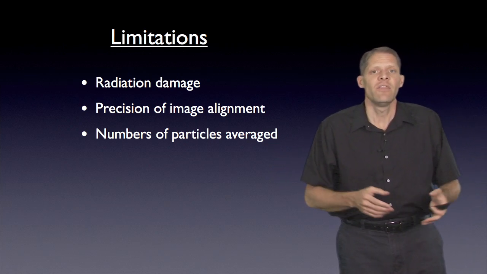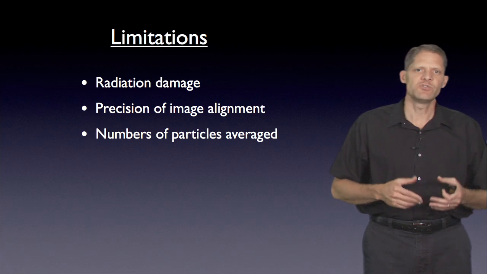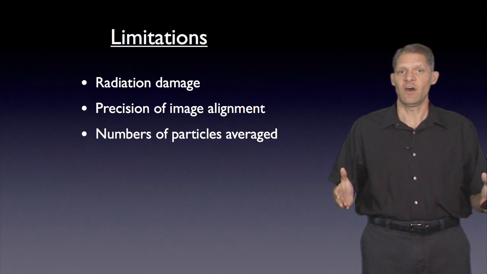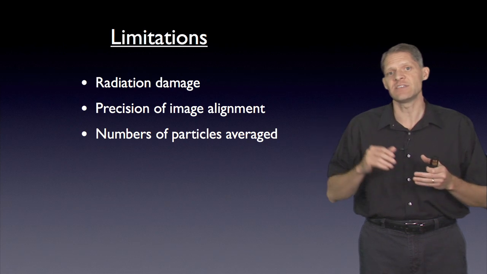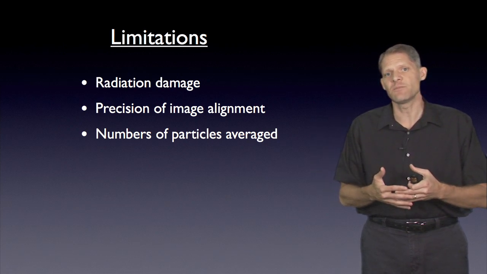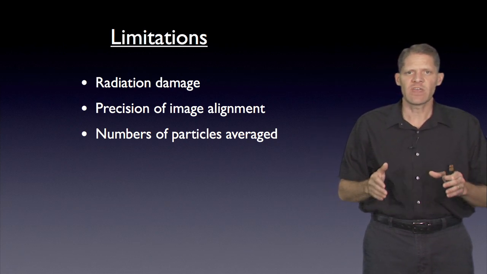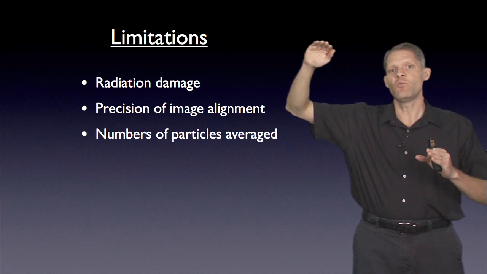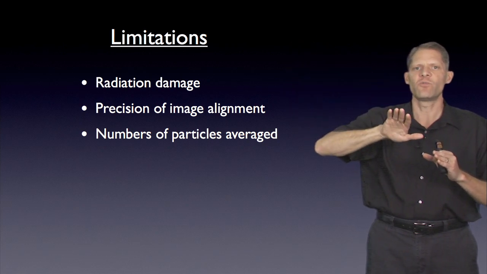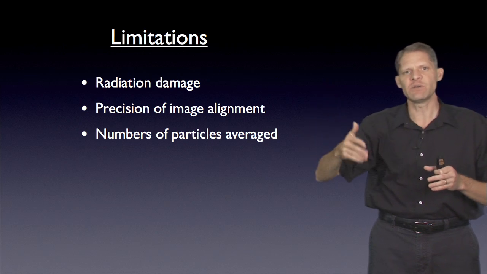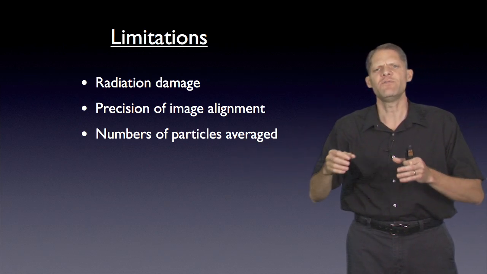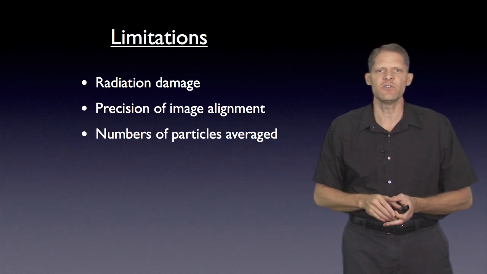And finally, there are a few studies that produced reconstructions with millions of particles all averaged together. And the resolution increased as more particles were included. But it was also observed that as the number of particles included went up, the resolution reached limits asymptotically. And so you reach a point where averaging more and more particles only very slowly increases your resolution.